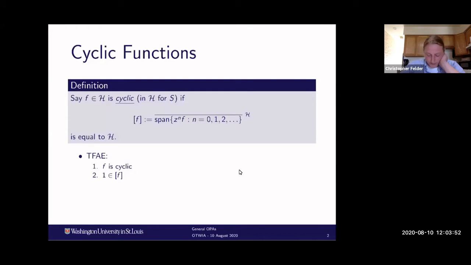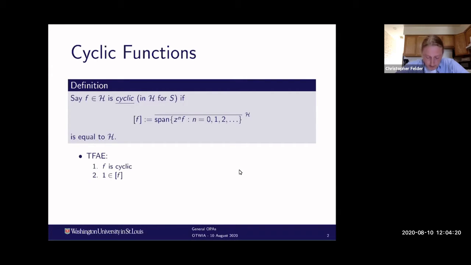The first is that F is cyclic, and the second is that 1 is in bracket F. Well, if F is cyclic, then bracket F is all of H, so certainly 1 should be in there. If 1 is in bracket F, you can consider bracket 1, which is just the closure of the polynomials, and we're asking that H has as a dense subset the polynomials.